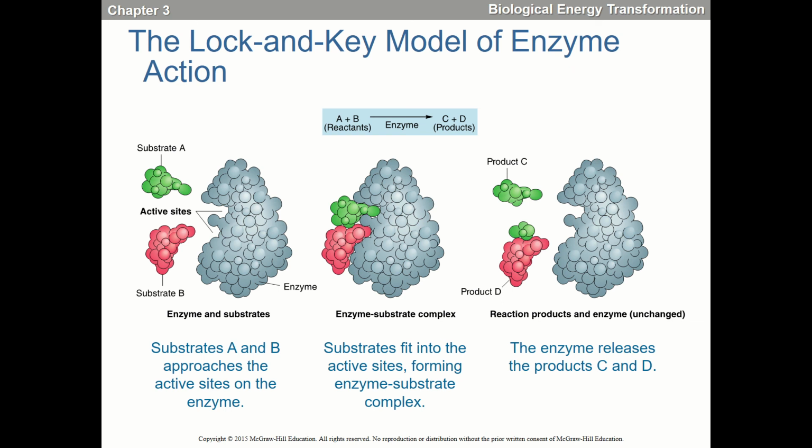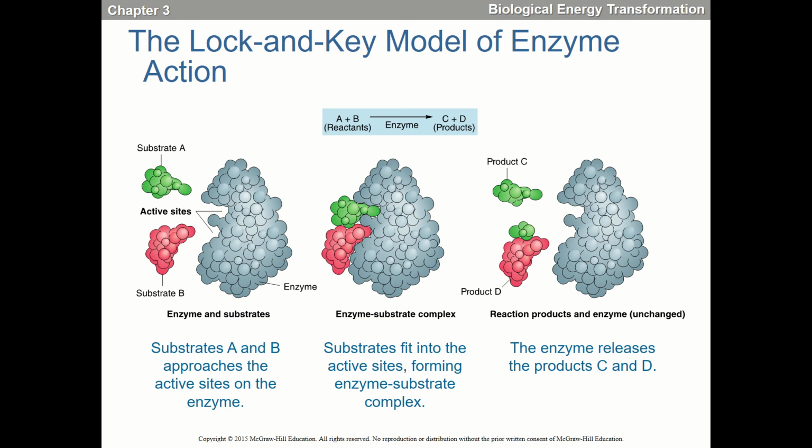All right, here, the lock and key. Whenever we have an enzymatic reaction, there's a couple of parts that I want you to be aware of. At the beginning, we have reactants, then we have products at the tail end of it. Essentially, we have an enzyme and either one substrate or two substrates.